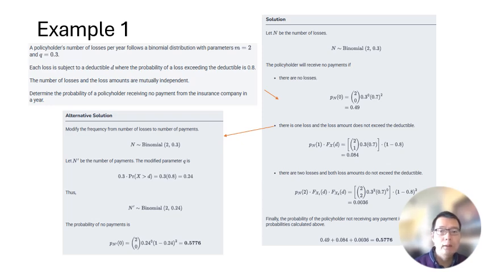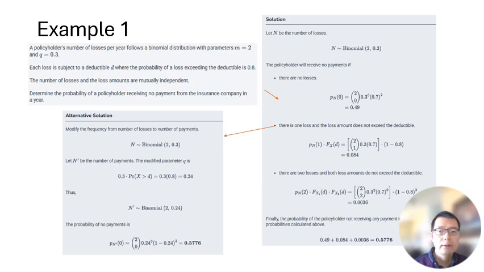If there is one loss and loss amount does not exceed the deductible, then we can get this Pn1 times the probability that X is less than the deductible, does not exceed.